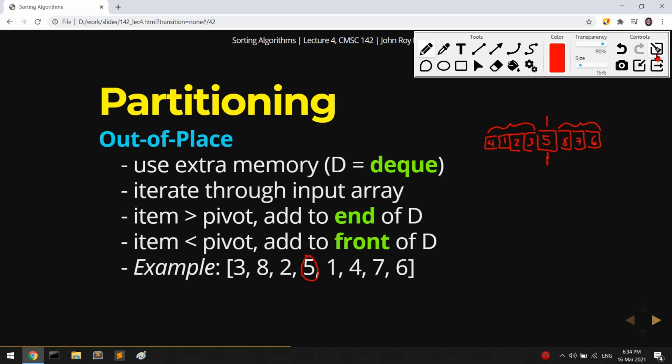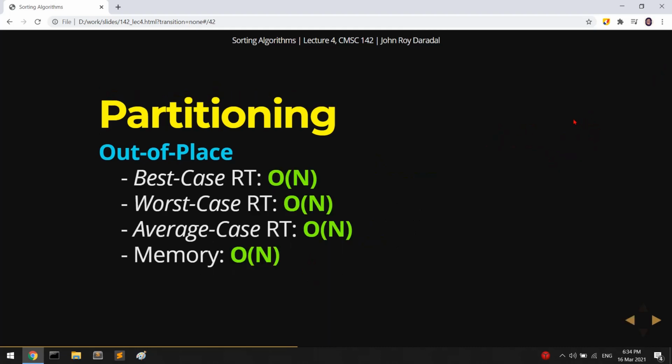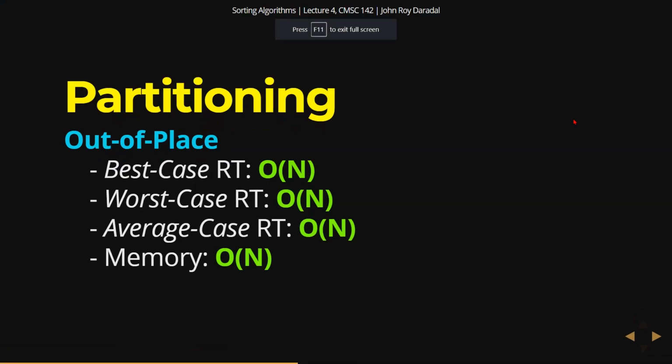Okay, so that's out of place partitioning. And in out of place partitioning, the running time, in the best case, worst case, or average case, is O of n, because you'll just go through each item one by one.